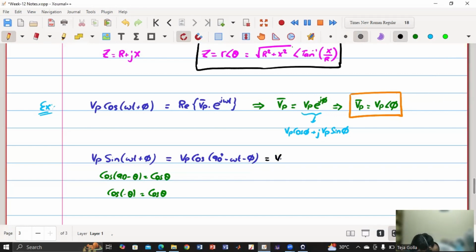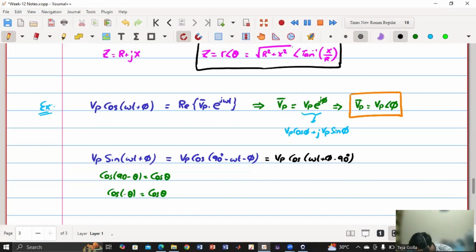I will write this as Vp cos omega t plus phi minus 90 degrees, because I need plus omega t, because every term has cos plus omega t. That's why I want to write everything in terms of cos plus omega t.